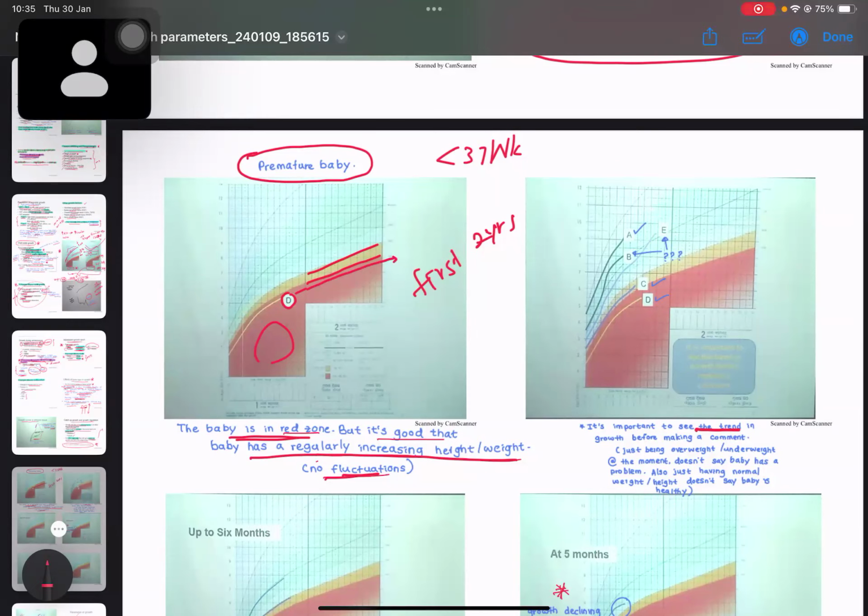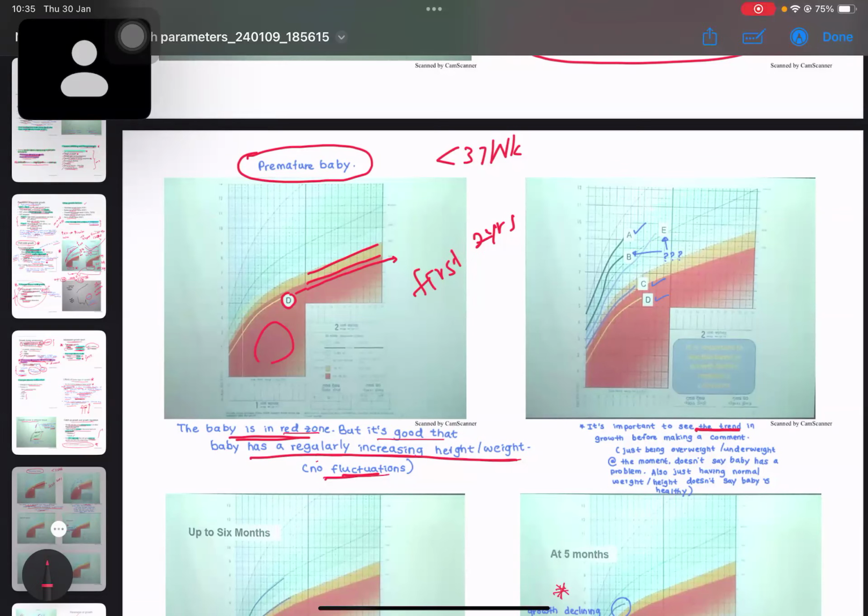We can't expect the fastest growth like a term baby in a premature baby. It will take time to catch up growth. So even if the baby is in the red zone in the CHDR graph, if the weight gain and height gain are parallel to the centile graph, that's still okay.